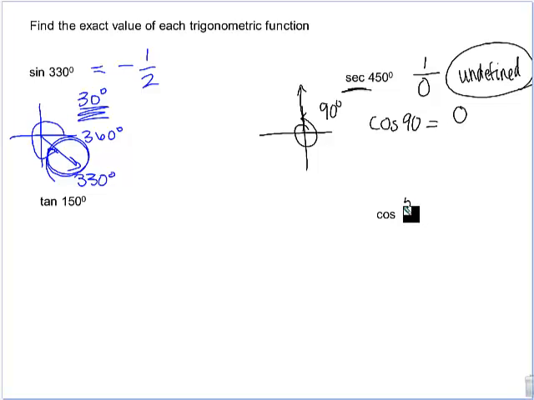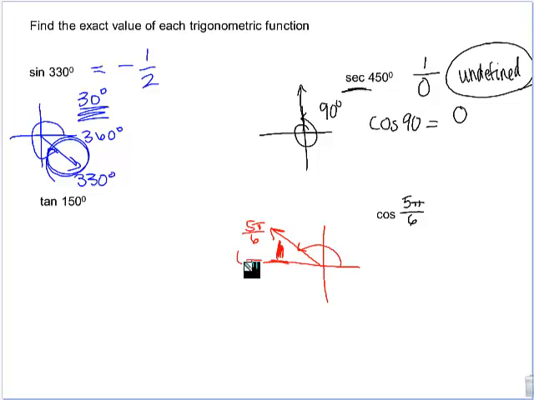Cosine of 5 pi over 6. Okay, so cosine of 5 pi over 6. We need to do the reference angle first. So 5 pi over 6. So there's our reference angle. So what do we need to compare it to?